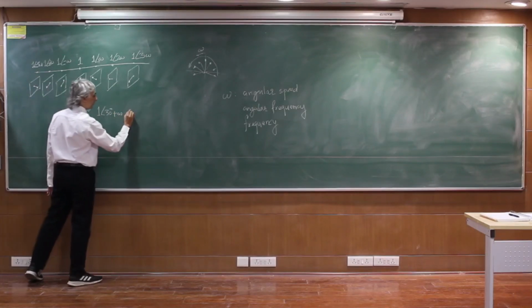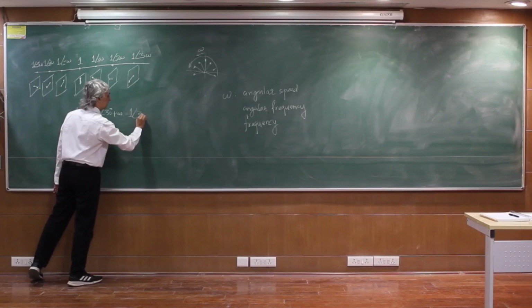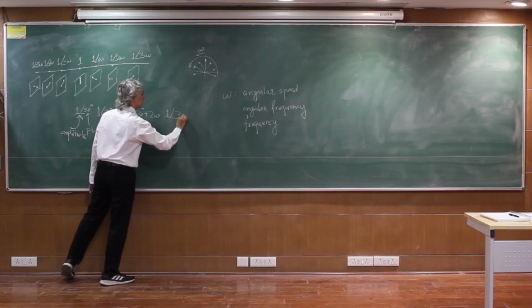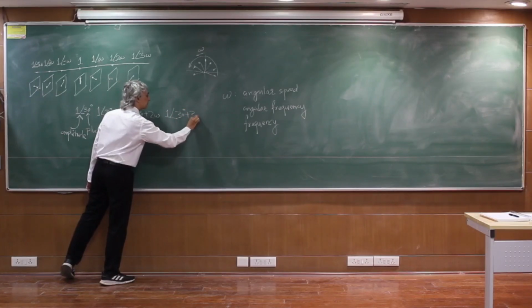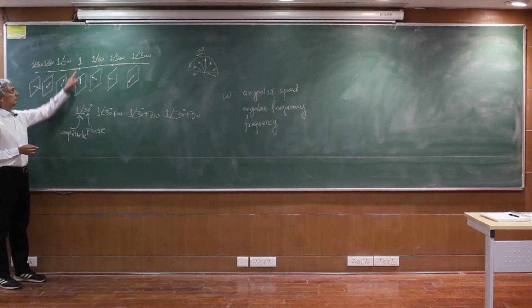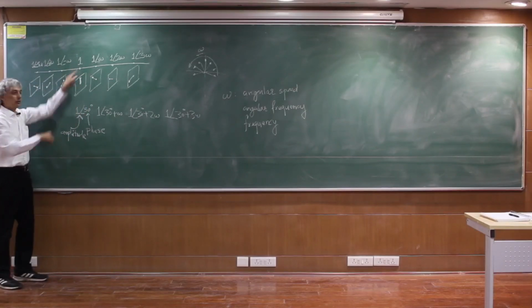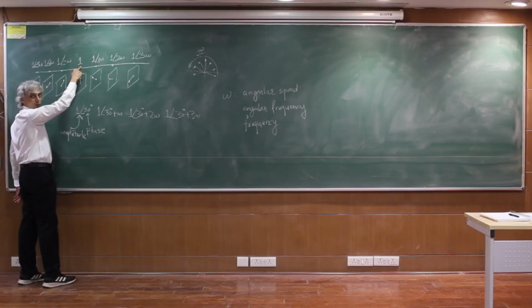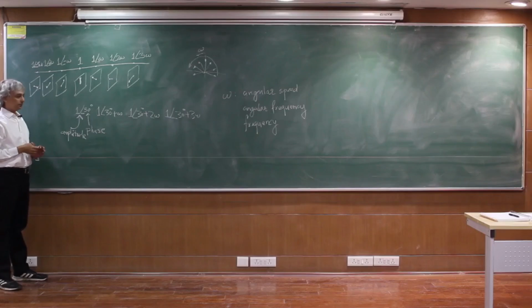The next sample after that is 1 angle 30 degrees plus 2 omega, and the next is 1 angle 30 degrees plus 3 omega. The phase for 1 is 0, since 1 is 1 angle 0. Is it clear now?